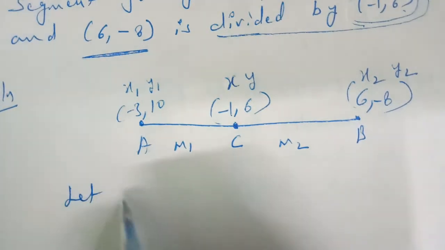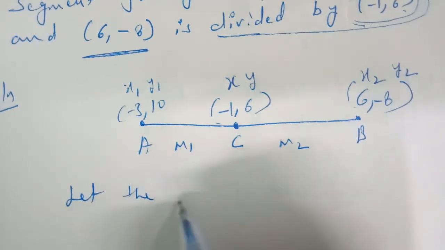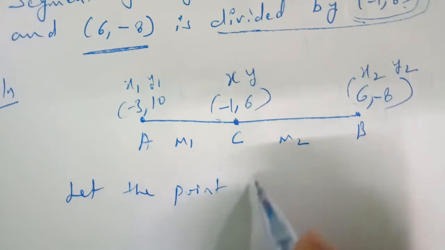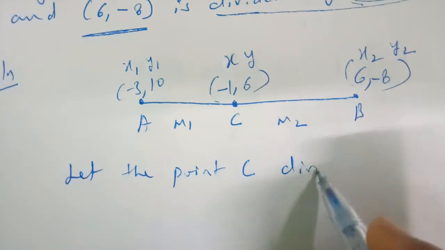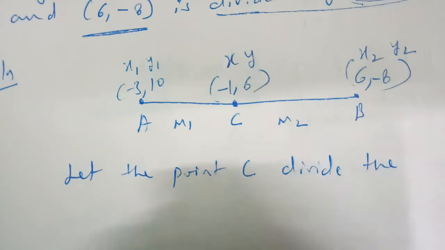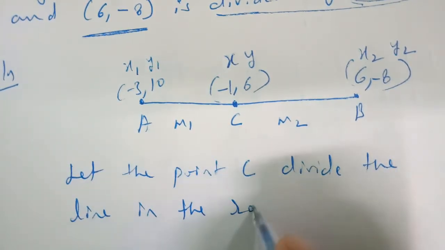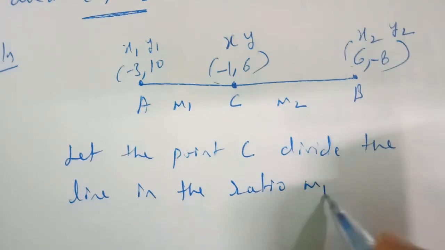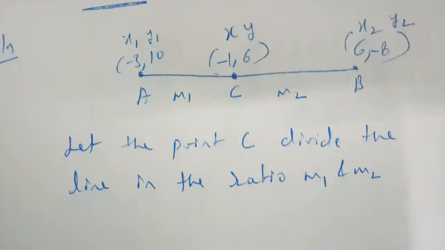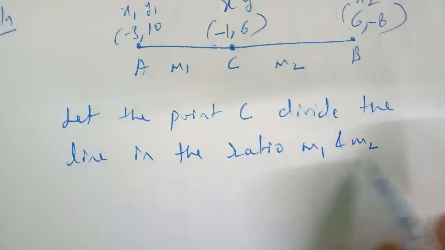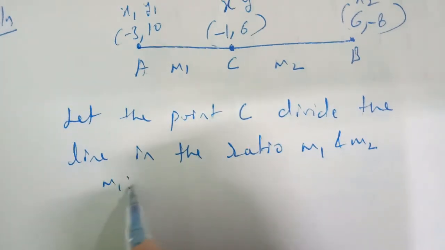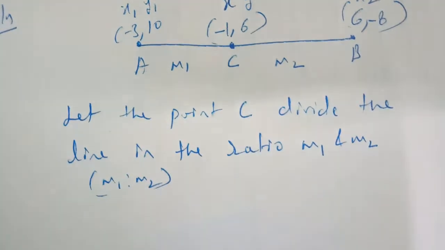Let the point C divide the line in the ratio m1 : m2.